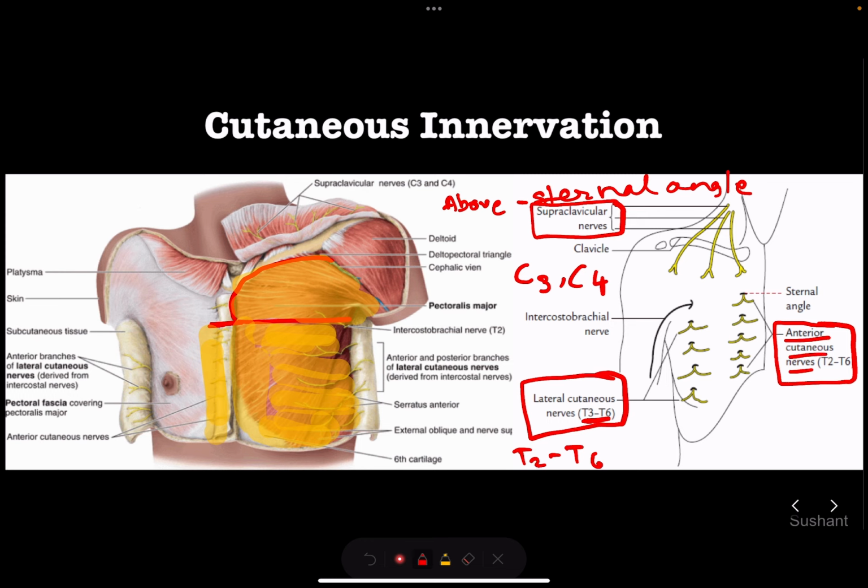So if the question is what is the cutaneous innervation of the pectoral region above the sternal angle, it is by supraclavicular nerves which derive their fibers from C3 and C4. Below the sternal angle, it is through the anterior cutaneous nerves derived from T2 to T6, and laterally the lateral cutaneous nerves derived from the T3 to T6 spinal nerves.